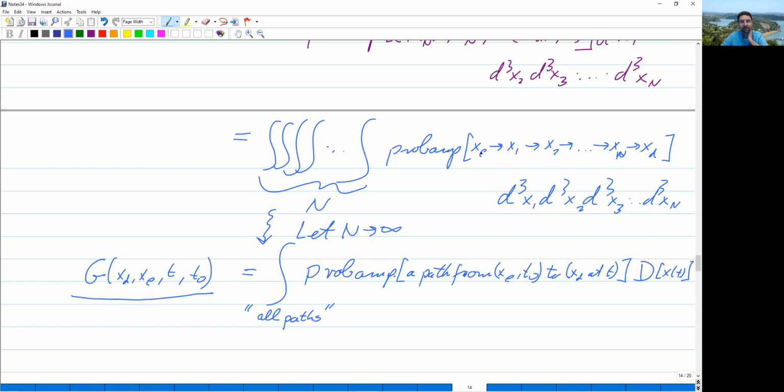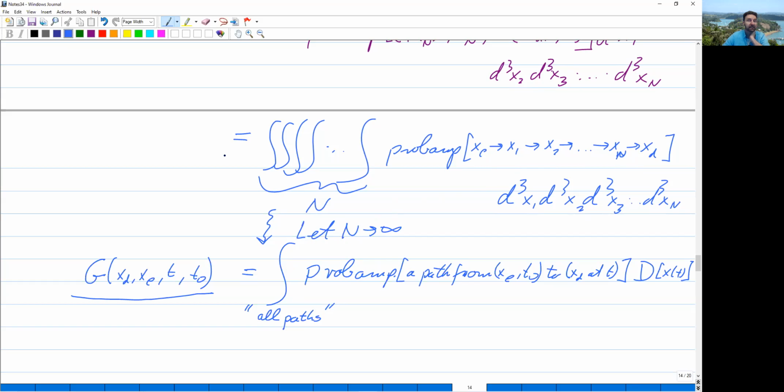Not jumps from x_e to x_1 to x_2 to x_3, etc., but so that the time evolutions are shorter and shorter. So we have a sum or an integral over probability amplitudes for each path. Each path has a probability amplitude, and we have to sum up the probability amplitudes for all paths.